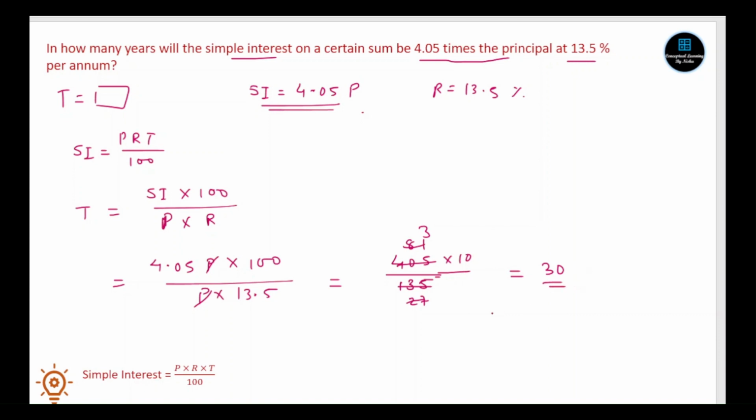So that means in 30 years, the simple interest is 4.05 times the principal. So it will take a long time.